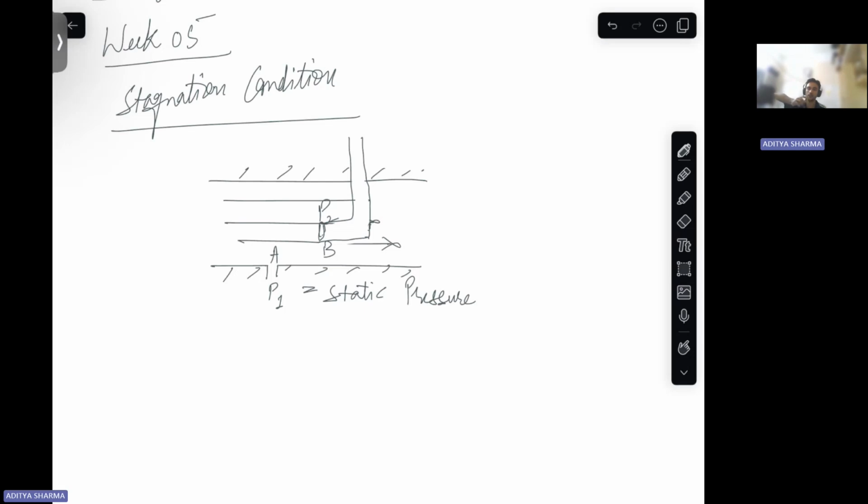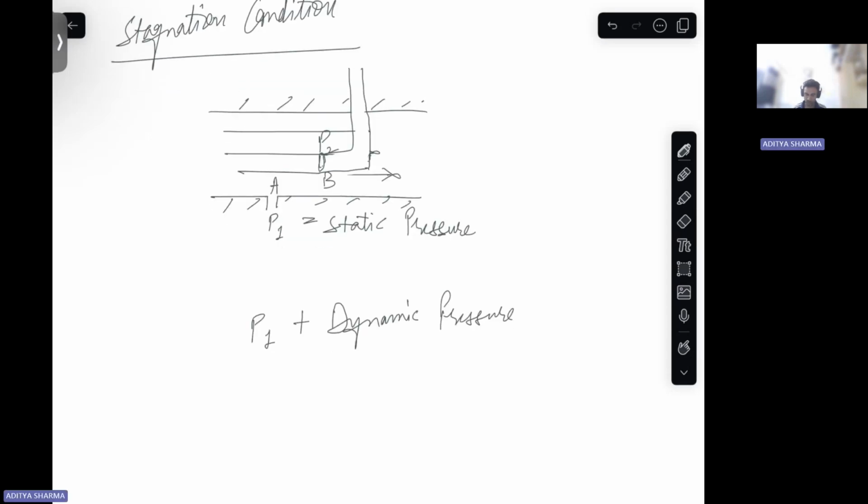So it has stopped at point B. So at point B, the pressure that we observe is the combination of two pressures. One is your static pressure, P1, plus your dynamic pressure, which basically includes the velocity component.